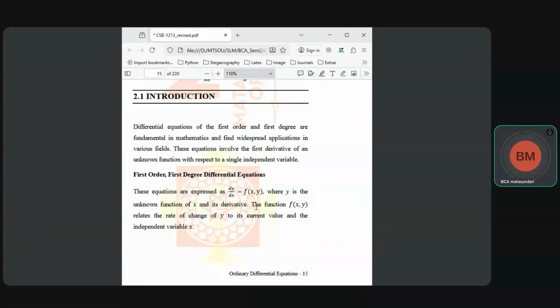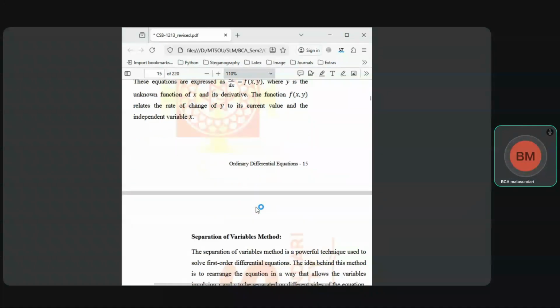It is expressed as dy by dx equal to f(x, y), where y is the unknown function of x and dy by dx is its derivative. The function f(x, y) relates the rate of change of y to its current value and the independent variable x. So remember this.